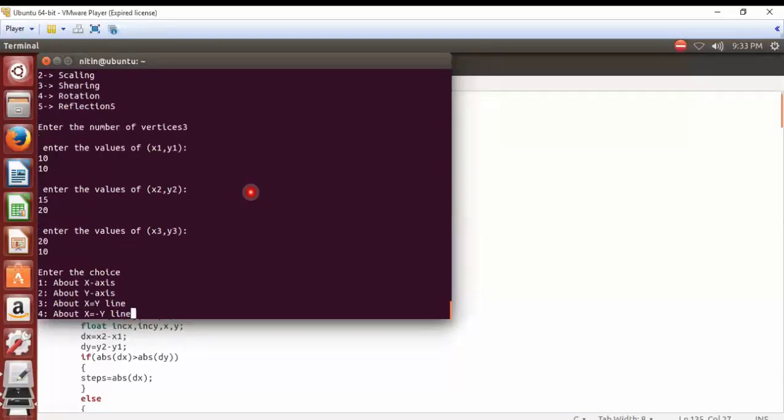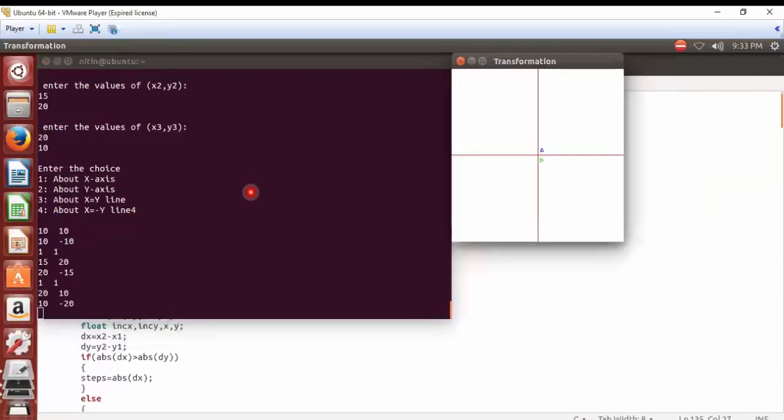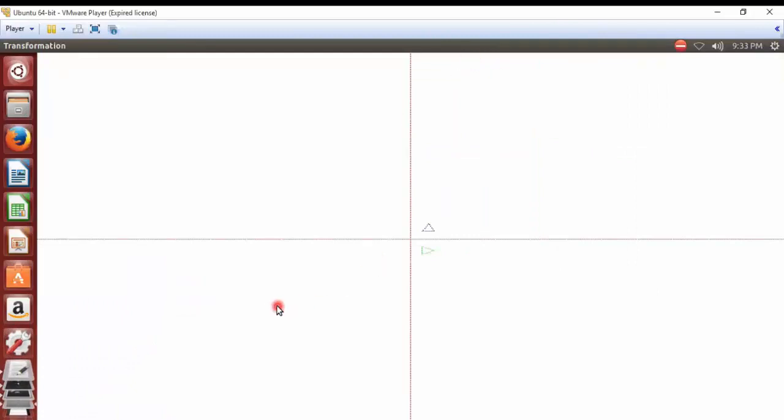Next, reflection about x equal to minus y line. This is the output of reflection about x equal to minus y line.